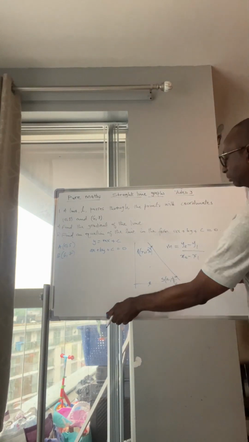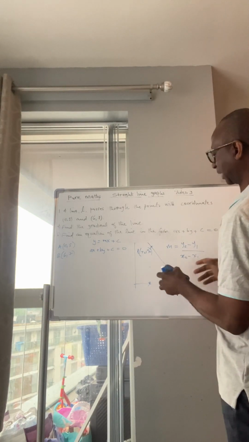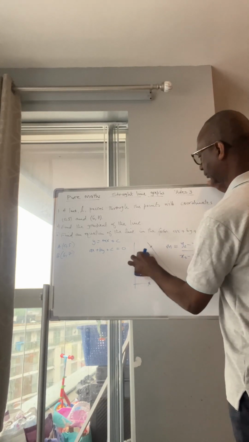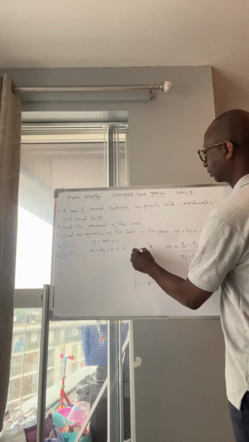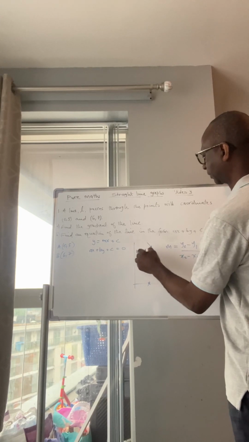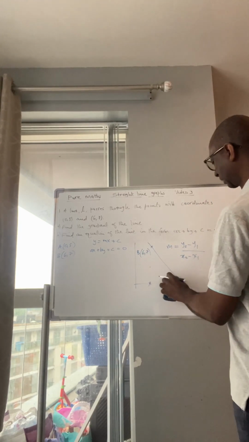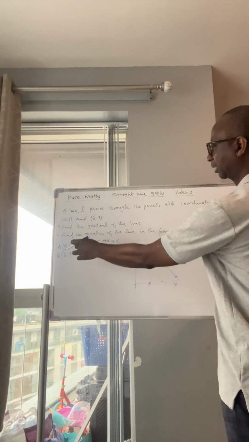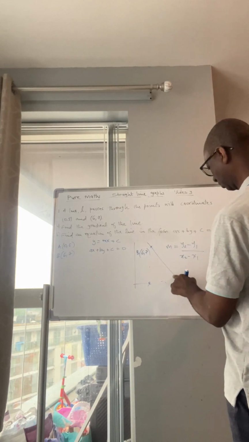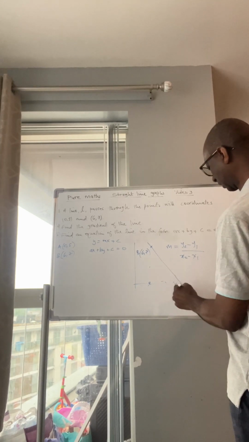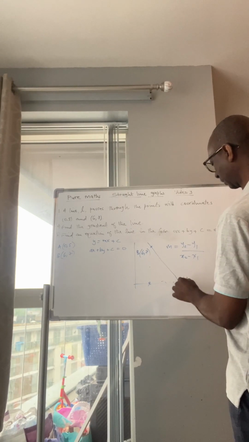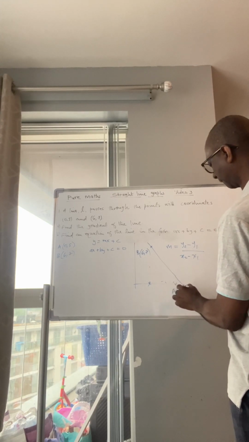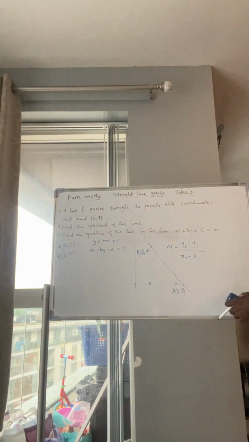So now let's assume that this is our B here, 6,7, and this is our A here, x is 0, so which means it has to come here. Our A here, 0,5. So we want to find the gradient.